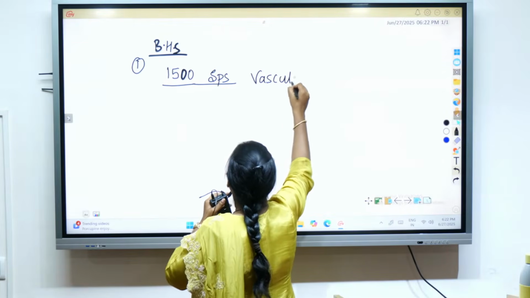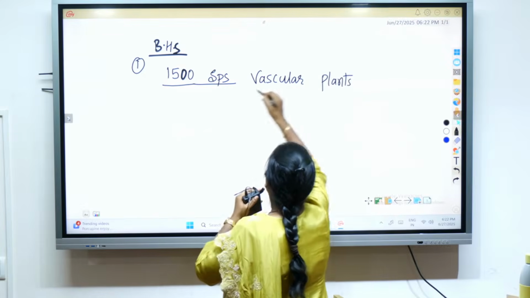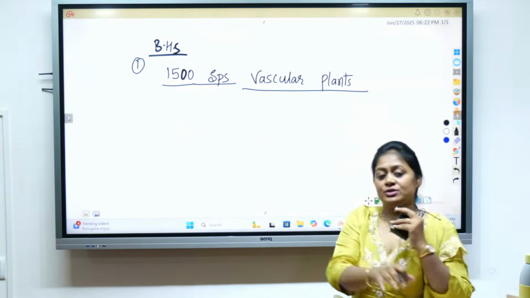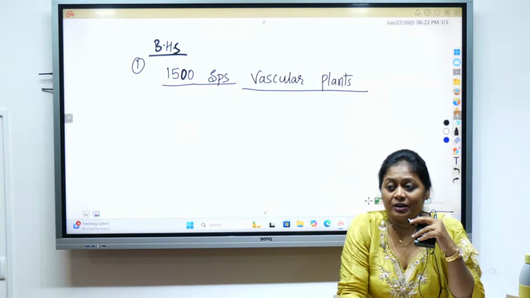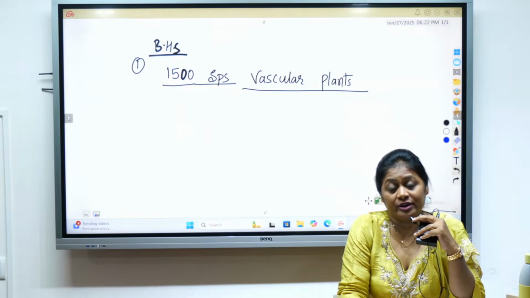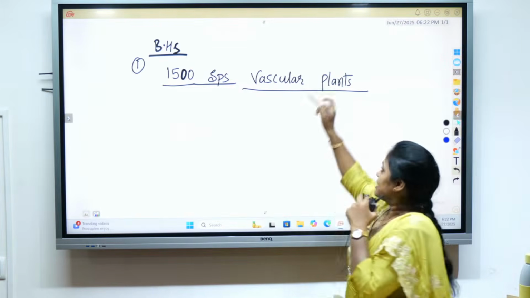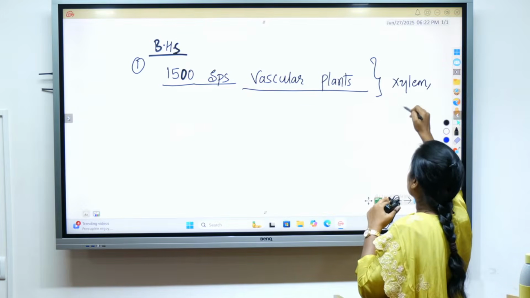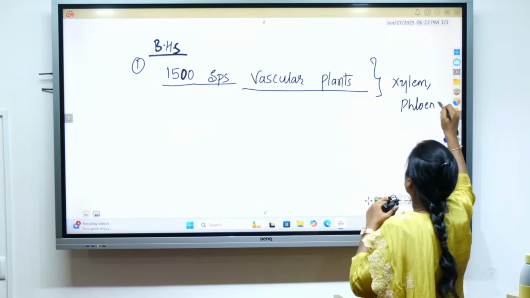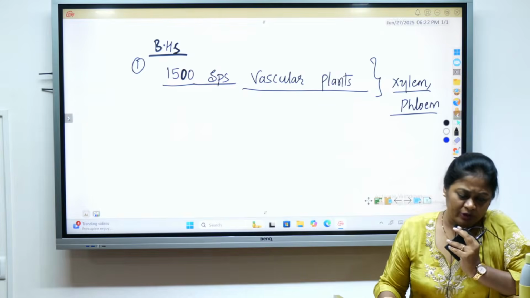What are vascular plants? Vascular plants are those plants which have xylem and phloem. The water conducting tissue is xylem and the food conducting tissue is phloem. If any plant has xylem and phloem, then it is said to be a vascular plant.